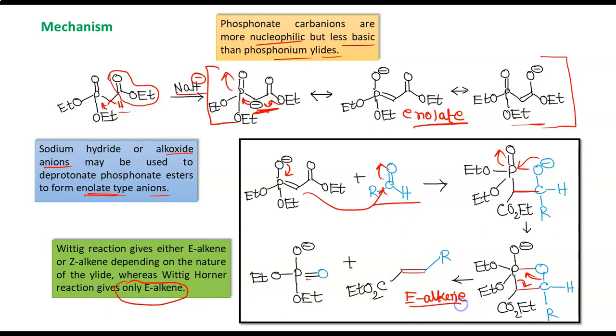So you can consider this as another advantage. Suppose you want to make only E-alkene, then you don't have to worry about whether it is a stable phosphorus ylide or not, because in the original Wittig reaction, depending on whether you have taken a stable or unstable phosphorus ylide, you can get E-alkene or Z-alkene. But in this case, that problem will not arise. You will always get E-alkene.